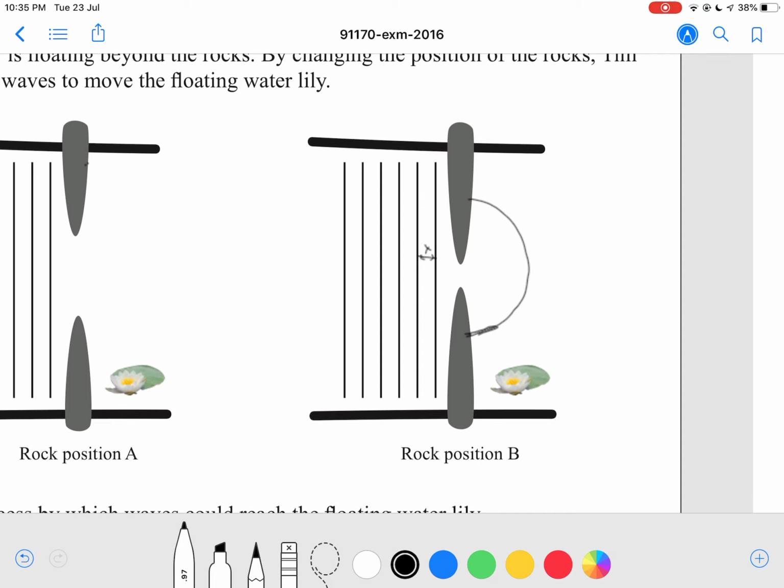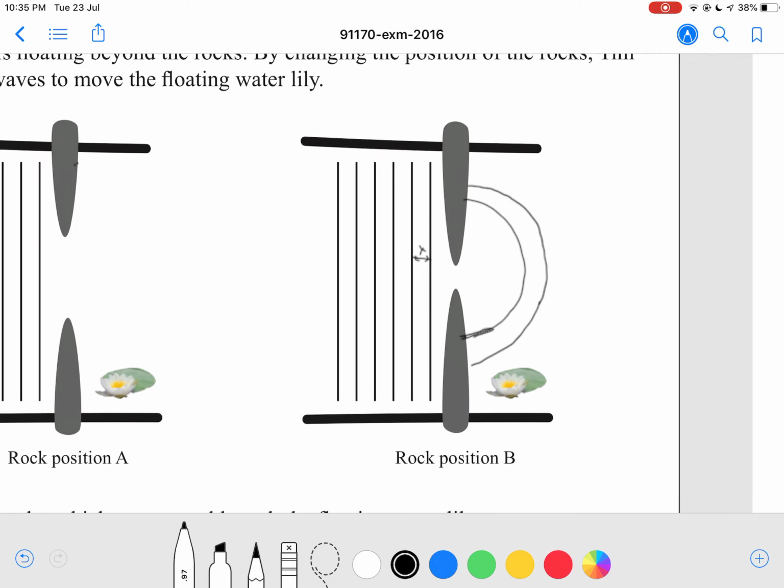No, that's a bit too small, sorry. It should look something like this. Yeah, it's not the best drawing, I must say. That's pretty bad. Forgive me for this. It's pretty hard to draw.